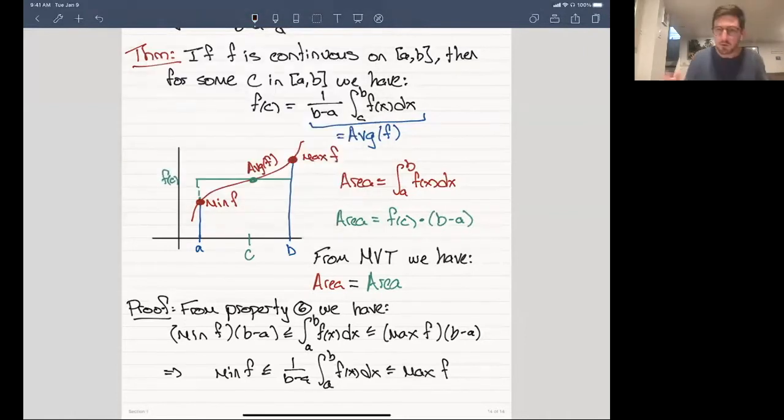This is consistent with my picture so far, but again, a picture is never a proof in mathematics. So how do we get the result? Let me move forward a page so we can start anew. What this says is that the lowest value the function attains is smaller than the average, which is smaller than the maximal value that it attains.